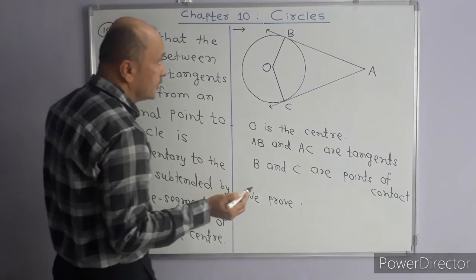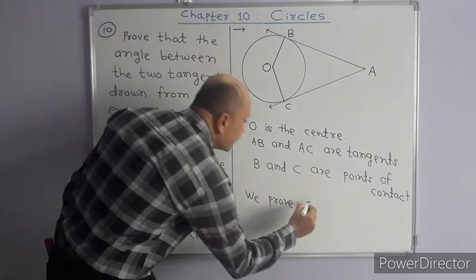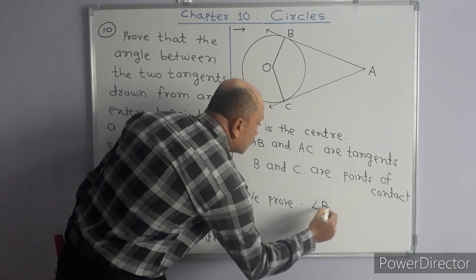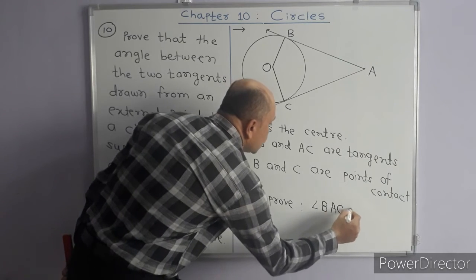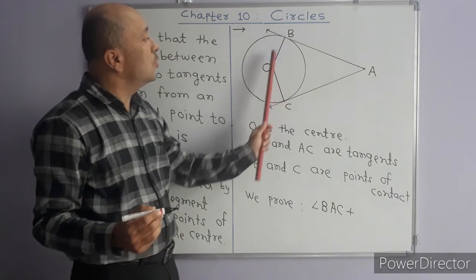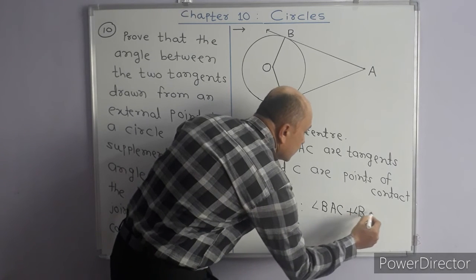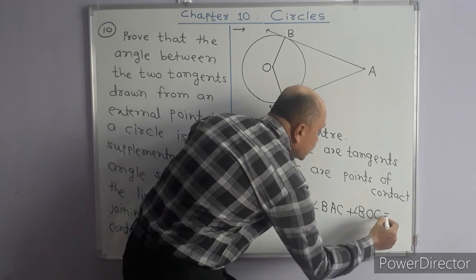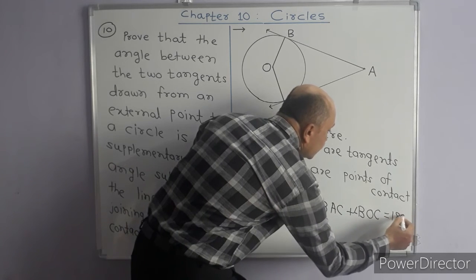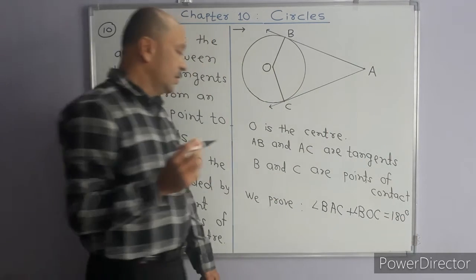So let us write, angle BAC plus angle BOC. Supplementary means their sum is 180 degrees.